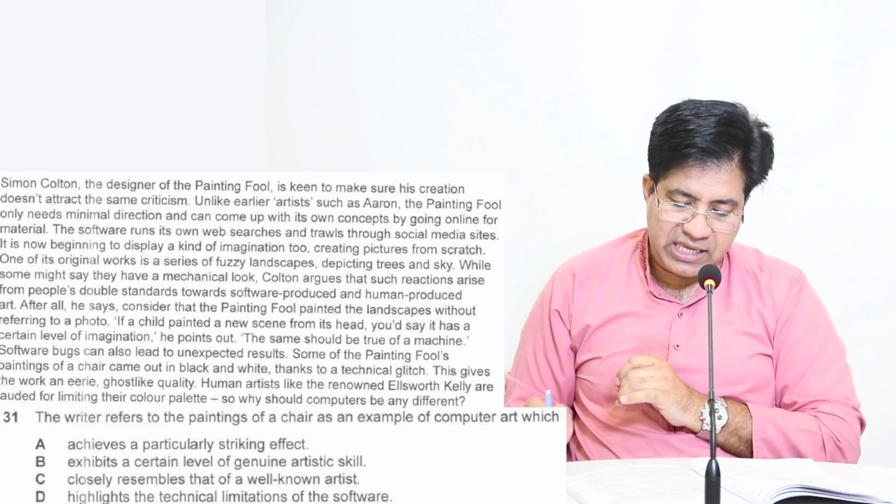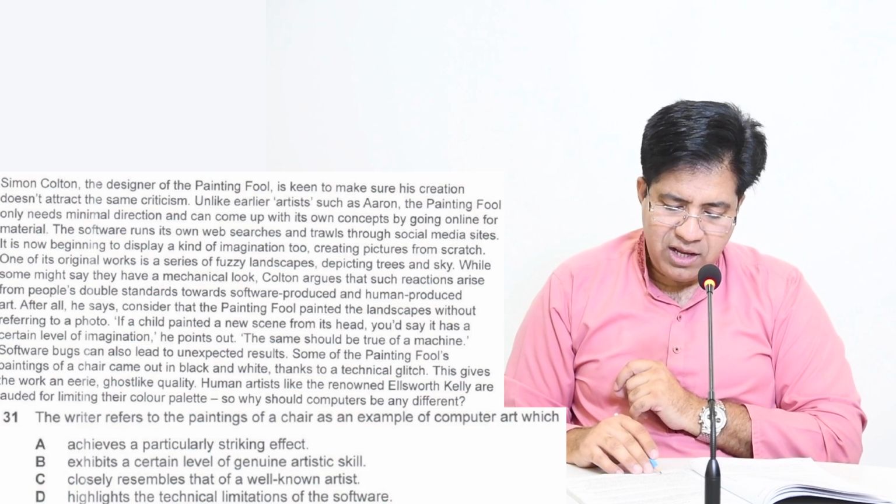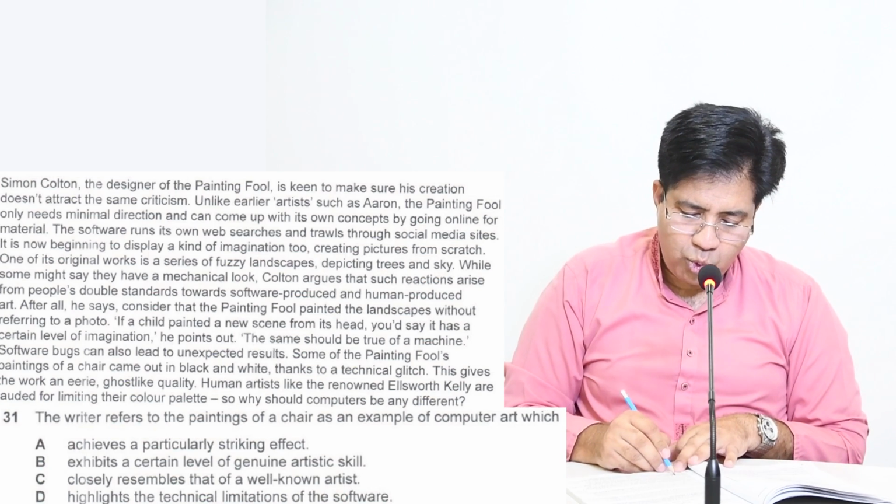And what is that striking effect over here? Airy, ghost-like quality. And how did they achieve it? Limiting their color palette. Option B, exhibits a certain level of not genuine artistic skill. No. All right.